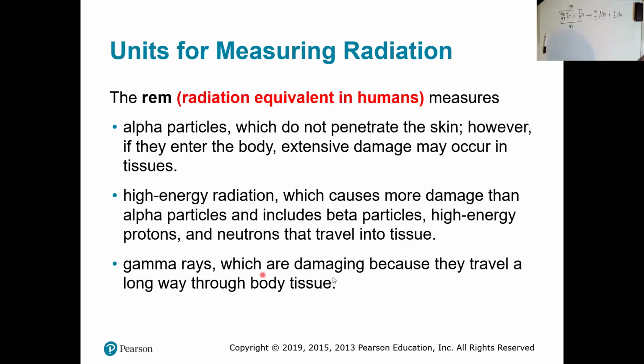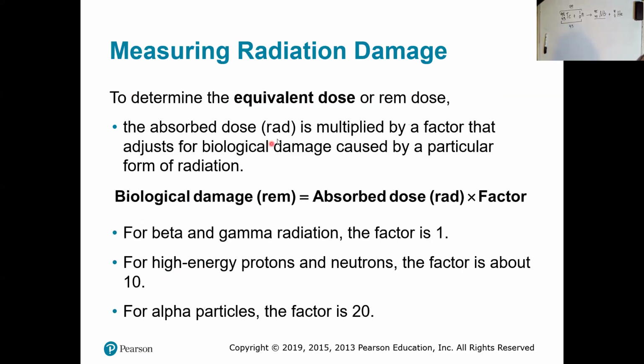Gamma rays are very damaging because they can travel through your body tissue, through your organs. So things are going to have different factors depending on how much damage they could do when interacting with your organs and tissues.